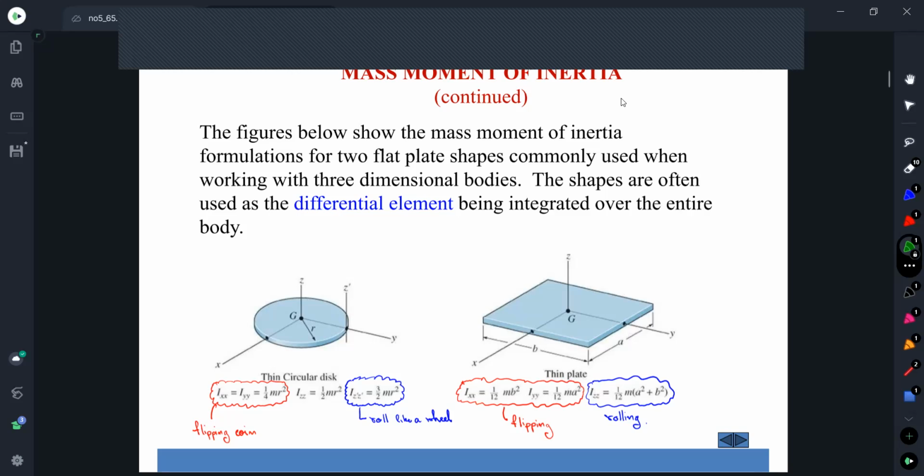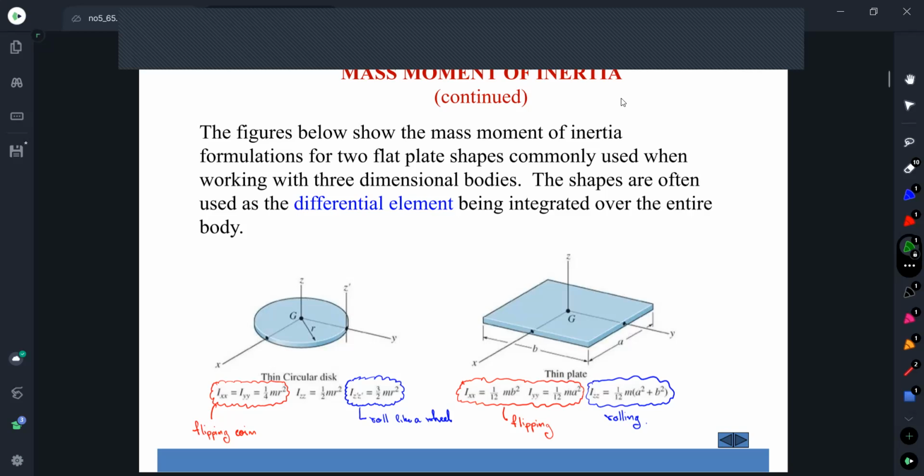We have three axes, X, Y, Z. For rotation about the X and Y axes, we have the same formula, 1/4 mr squared. That is like flipping a coin.